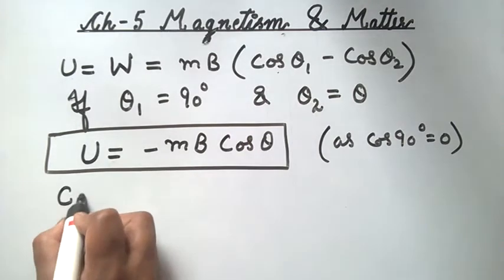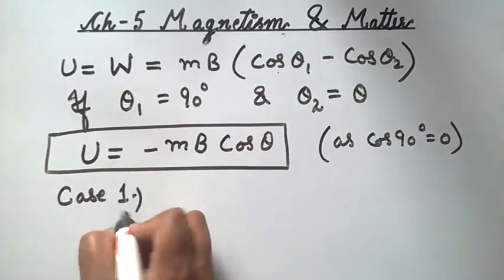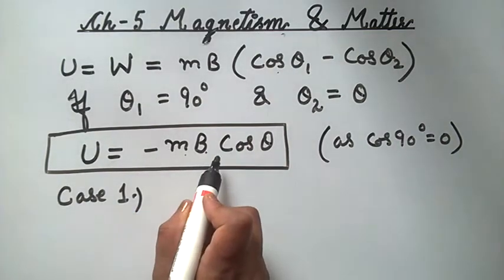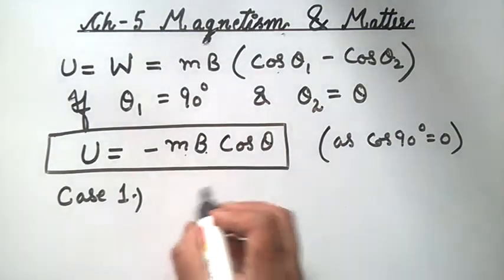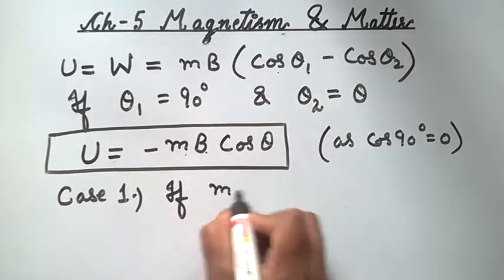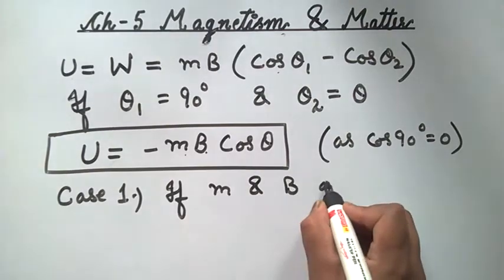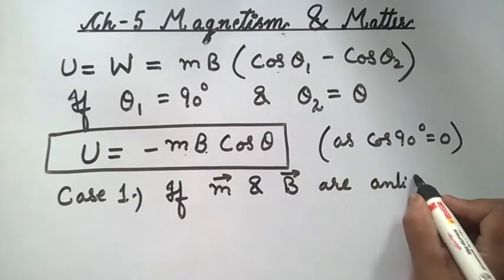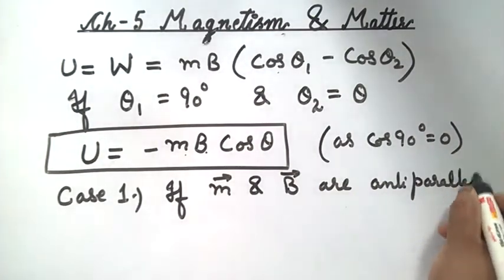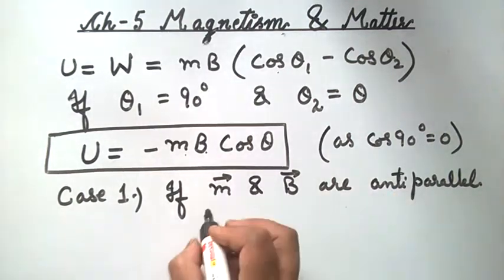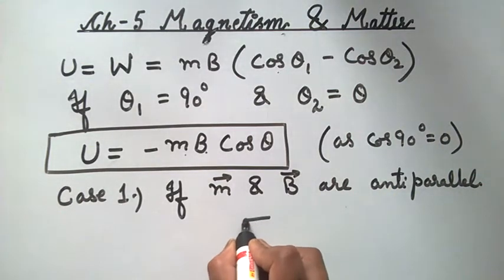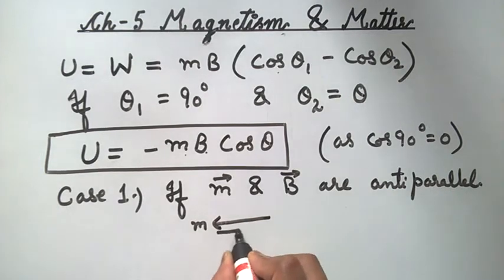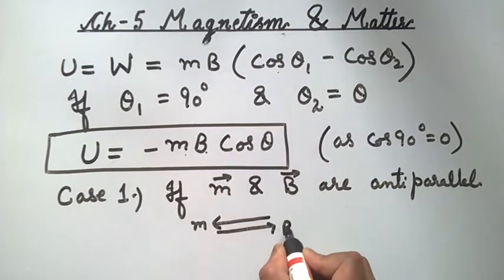Now case first: if the magnetic dipole moment and magnetic field are opposite to each other, that is, anti-parallel, this is the magnetic dipole moment and this is the direction of magnetic field.